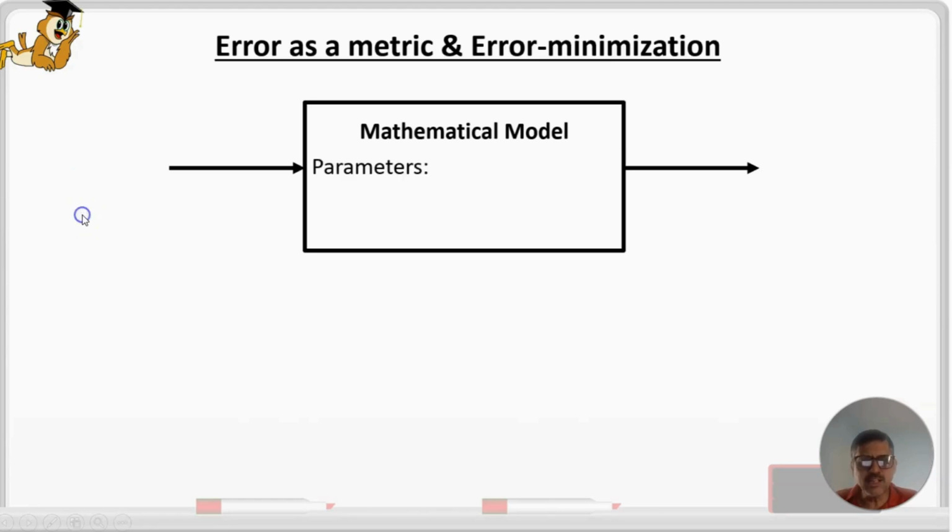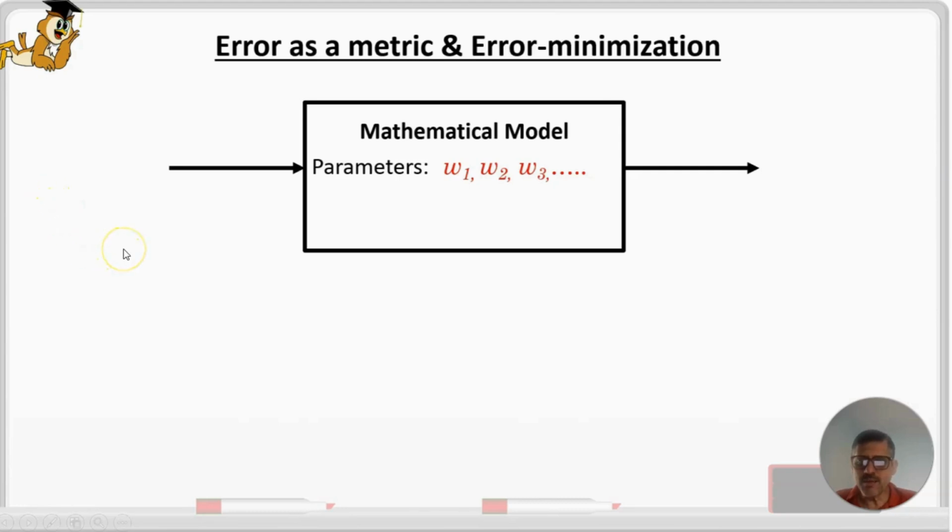Now this mathematical model has parameters, right? It has certain variables, certain controls, certain knobs which you turn around. Let's call these parameters W1, W2, W3, etc. In the case of the binary linear classifier that we saw earlier, these parameters of the mathematical model were essentially the coefficients of the feature variables, I mean, the coefficients of the hyperplane that we've been talking about.